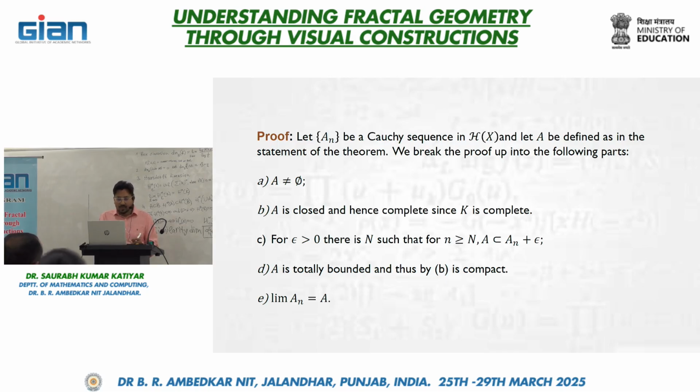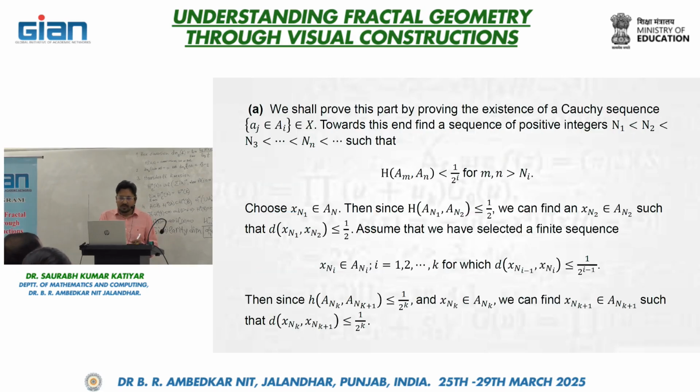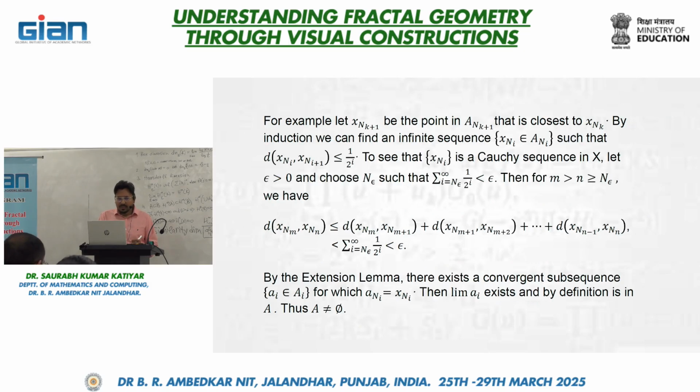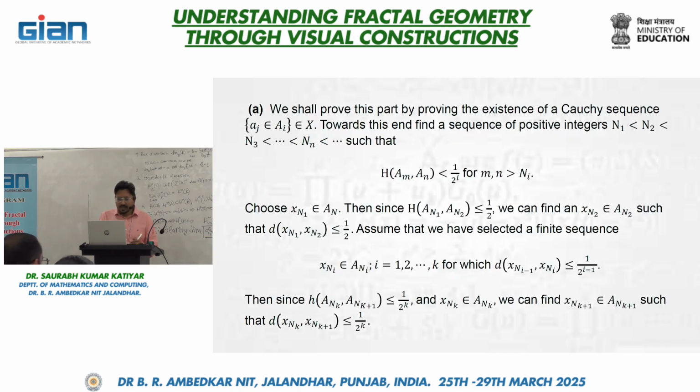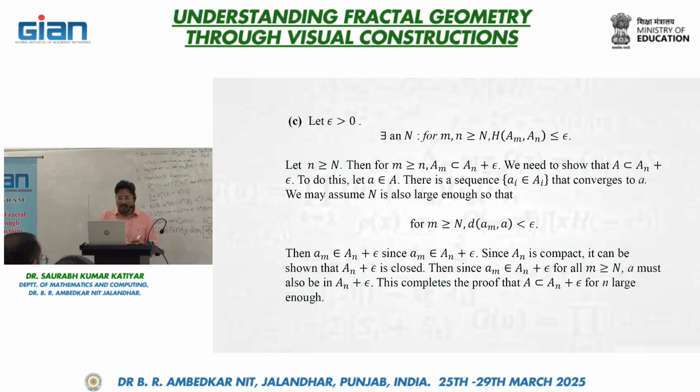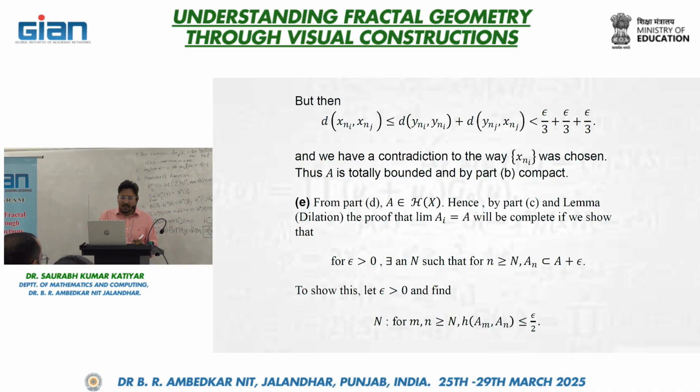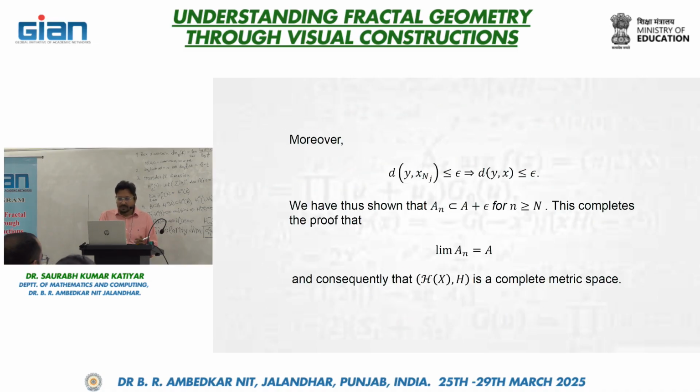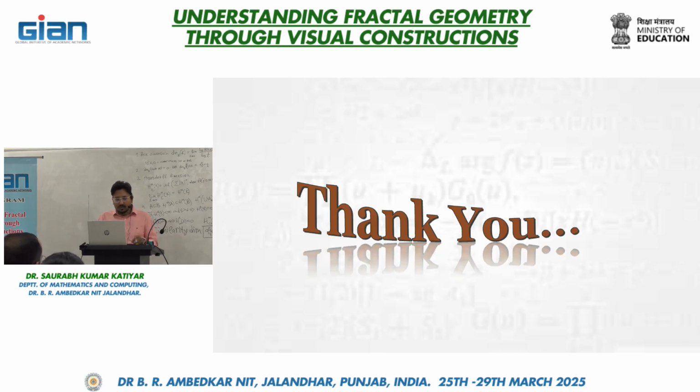Then we have to prove that A is totally bounded, and thus by part B it must be compact, and then we show that the limit of A_n is equal to A. I just give you this slide so that you can go through it, or you can see the Barnsley book, to see how we are proving points A, B, and C, and then combining all these things, and then we are saying that (H(X), h) is a complete metric space. Okay, so thank you, and now I will go for my another presentation.